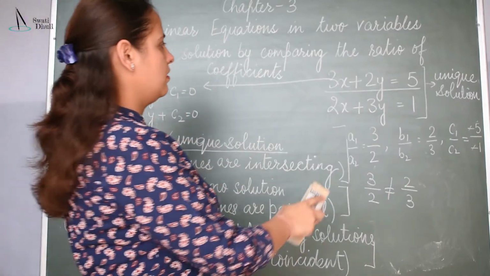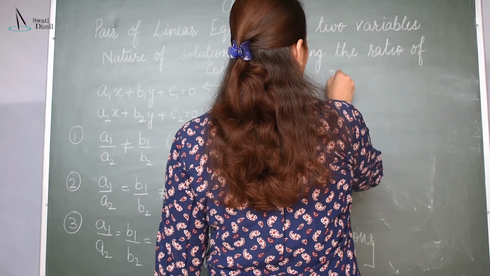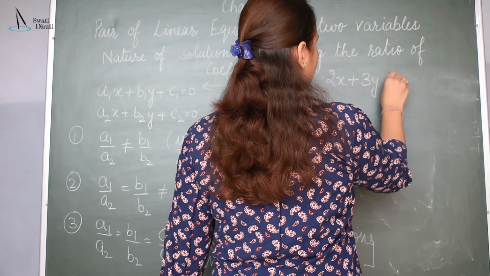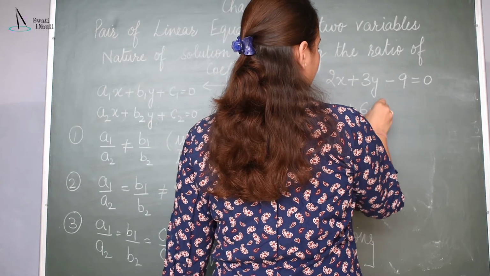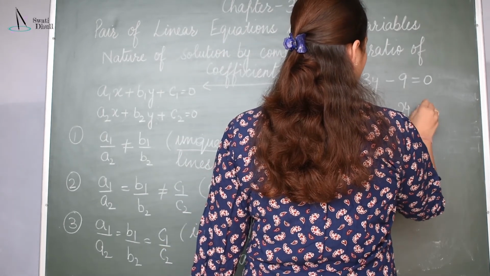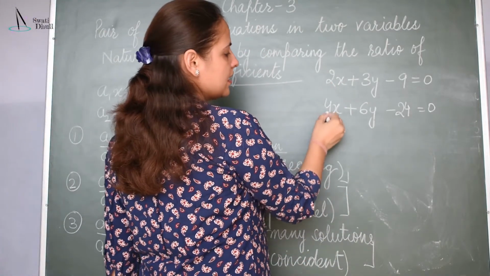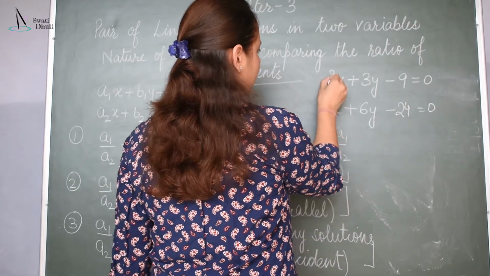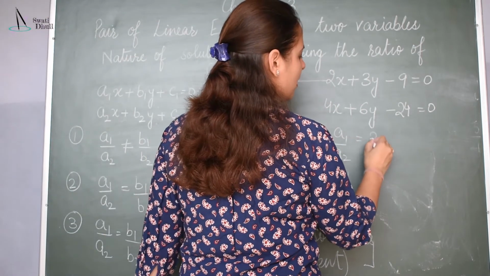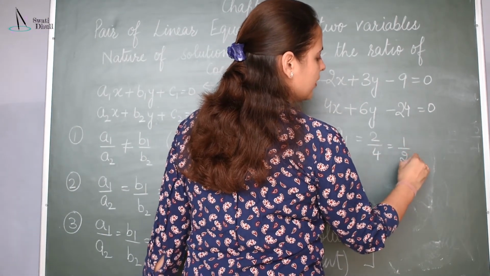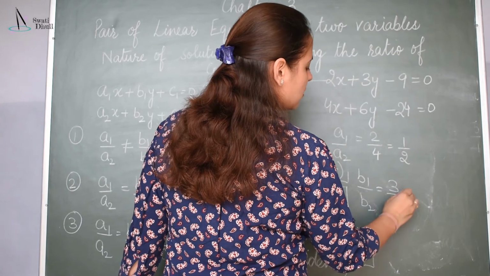Now let us take another example. Now you have these two equations. So here see a1 by a2. If I compare this equation with the general form, you will get a1 by a2 as 2 by 4. If you reduce it, you will get 1 by 2. Similarly, b1 by b2 is 3 by 6.